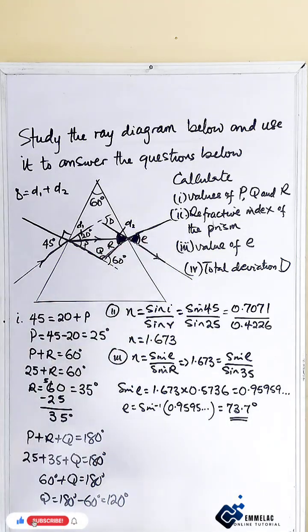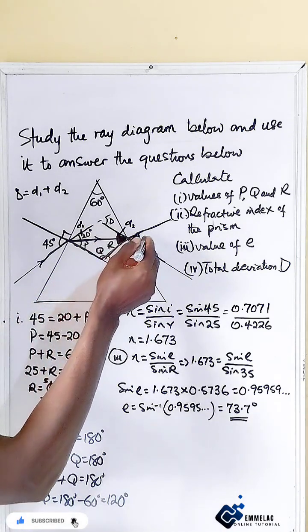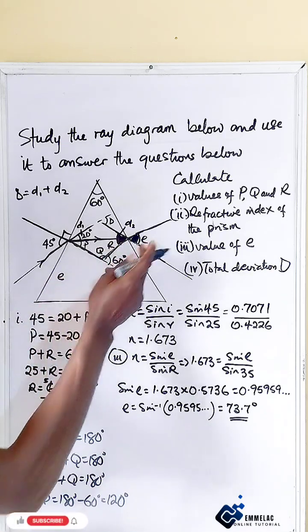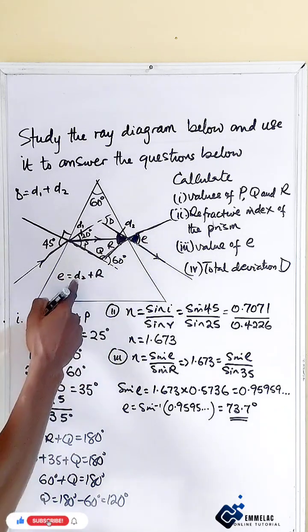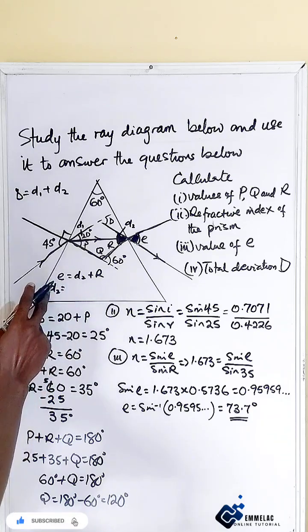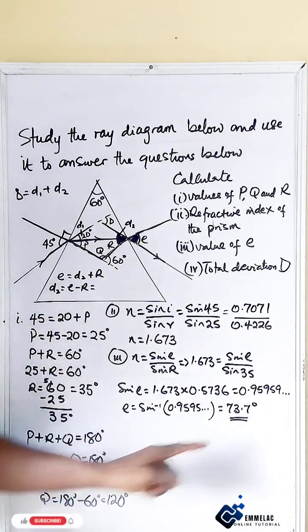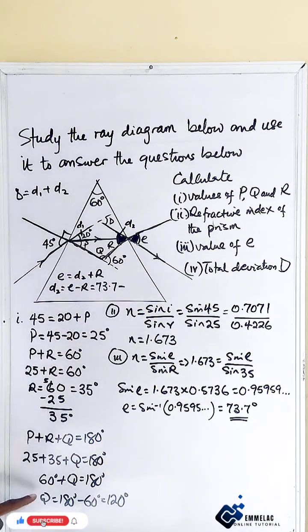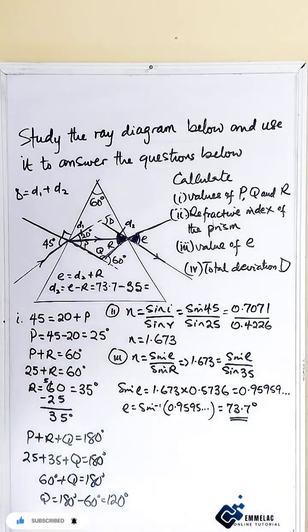It implies that E, this angle here, equals D2 plus R, so D2 will give us E minus R. We've gotten E to be 73.7, minus our R, which is 35, and this should give us 38.7.